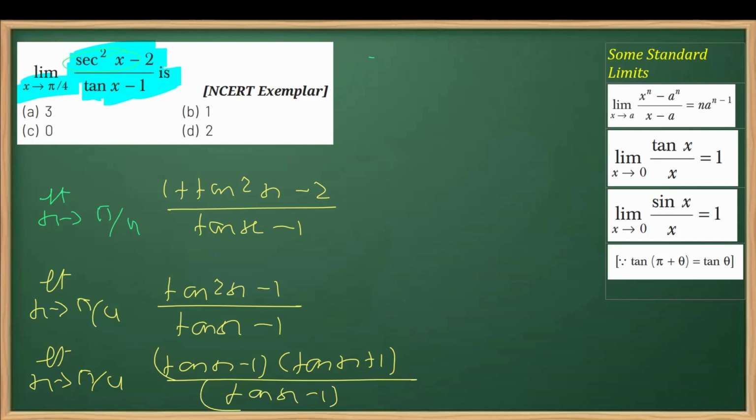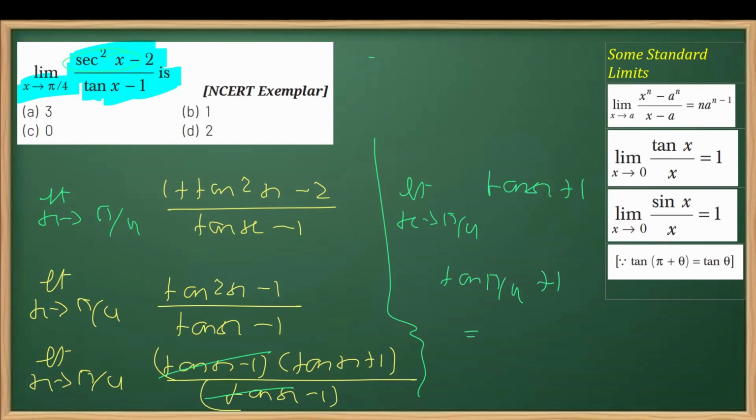So here this gets cancelled. It results in limit x tending to pi by 4, and then tan x plus 1. So we can apply the limit. What is tan pi by 4? This is tan 45 degrees, that is 1. So 1 plus 1 should give you 2.